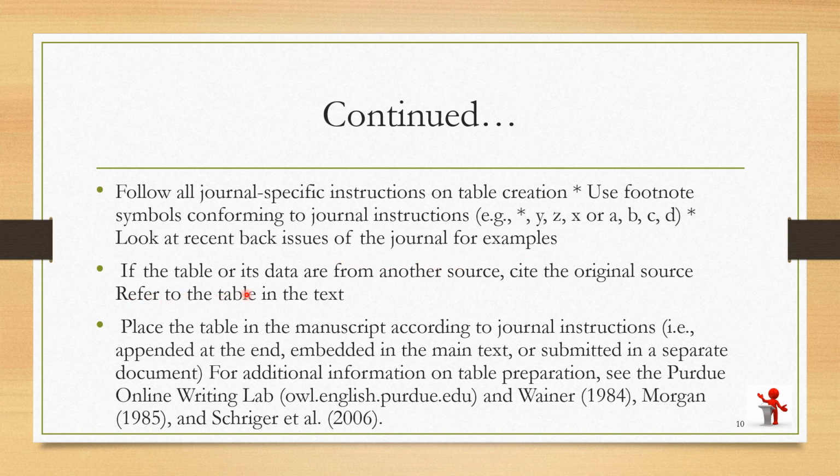If the table or its data are from another source, cite the original source, refer to the table in the text. Place the table in the manuscript according to journal instructions, such as appended at the end, embedded in the main text, or submitted in a separate document.